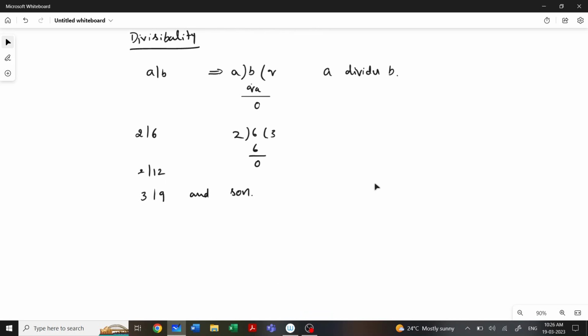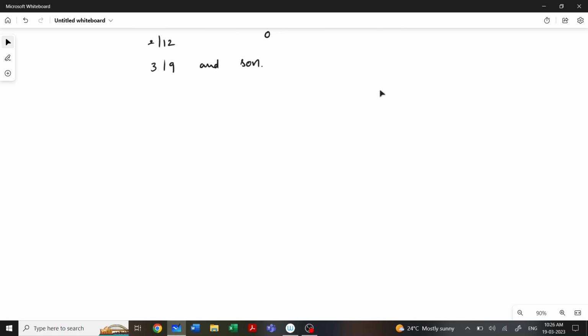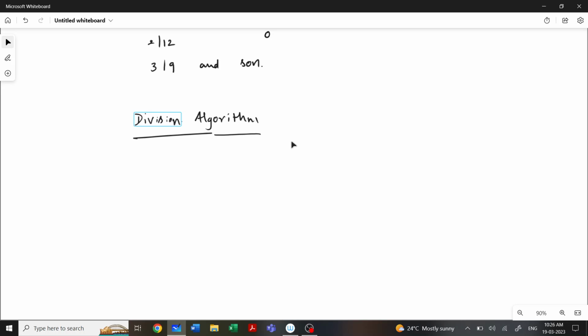Now coming to the next topic, the division algorithm. Consider two numbers, a and b. I am dividing b by a.